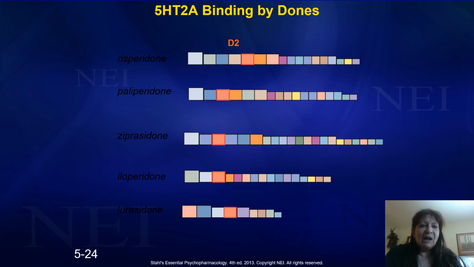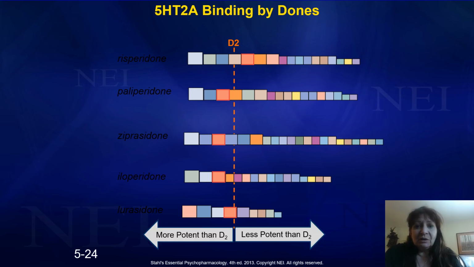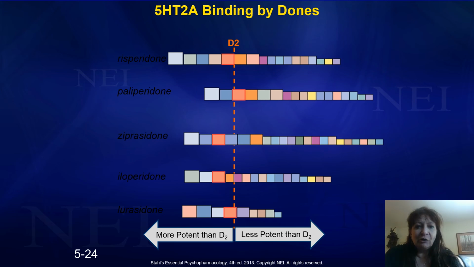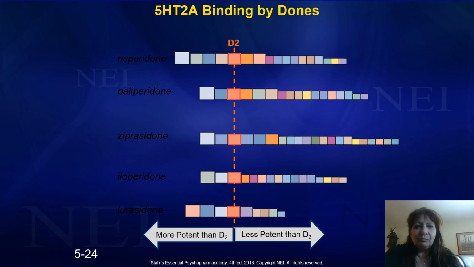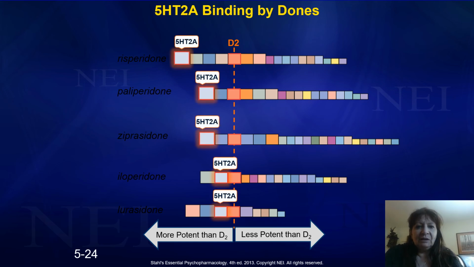Okay, so this slide is just showing you the 5-HT2A binding by the -dones. There you see D2 for each drug, the vertical line. And again, for all of them, the 5-HT2A binding is stronger.